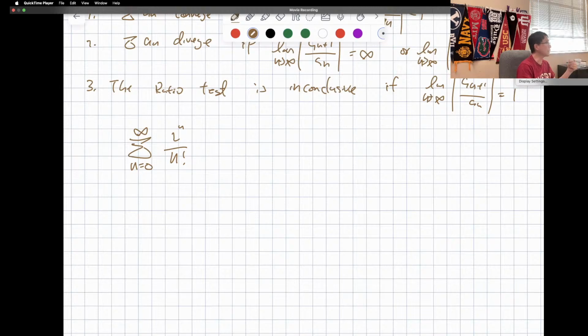Now, if you have something to the n power or something with a factorial, you can also use this ratio test. Do you want to try first, or do you want me to do it first? Okay, I'll let you try for a minute, and I'll show you how to do it. It's not as bad as you think. It's just simplified algebra.